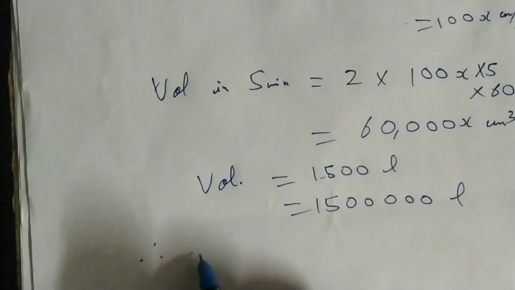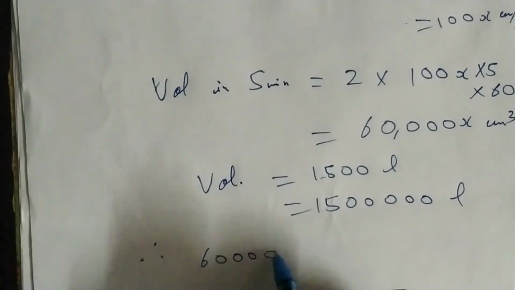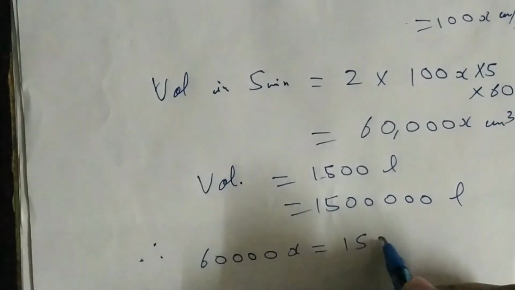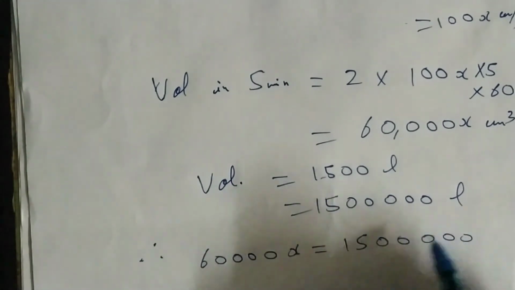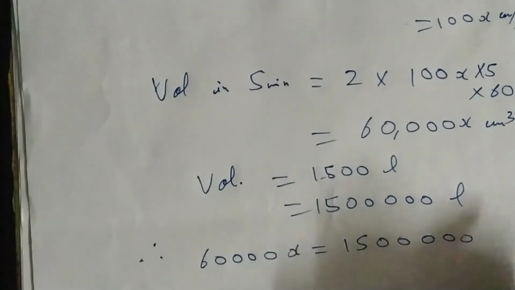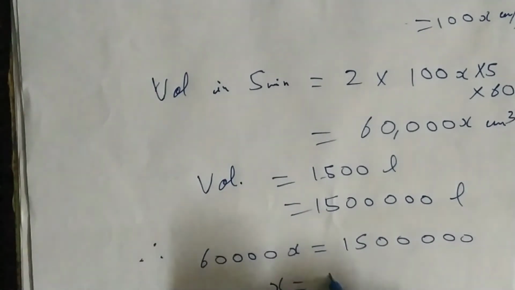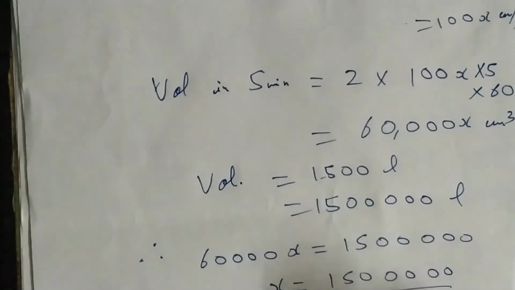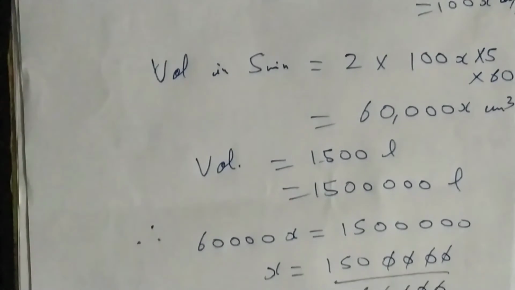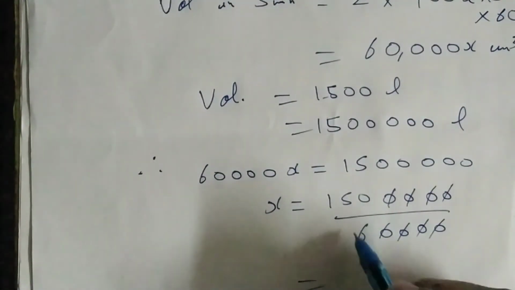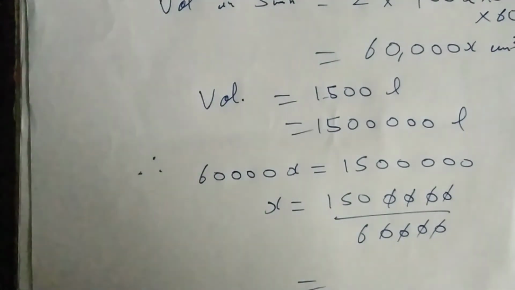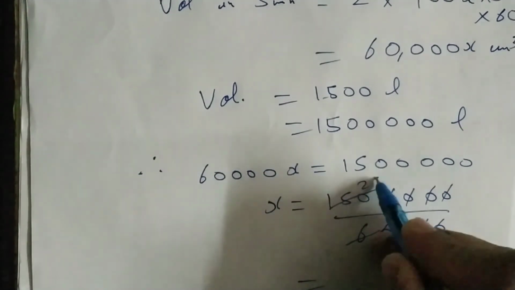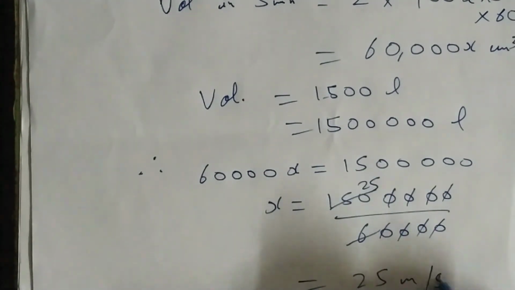Therefore 6x is equal to 15. So therefore x is equal to 25 on cutting, 25 meter per second.